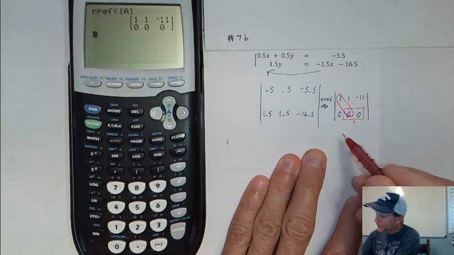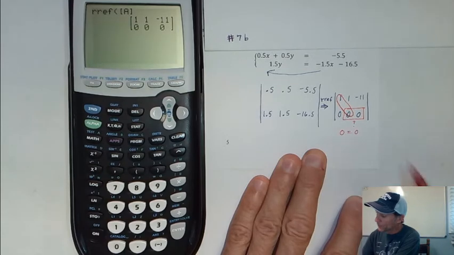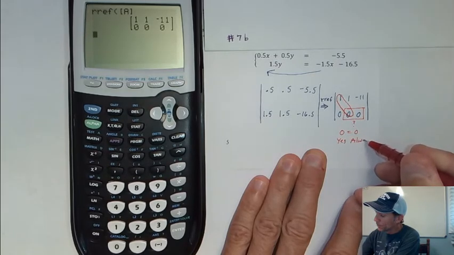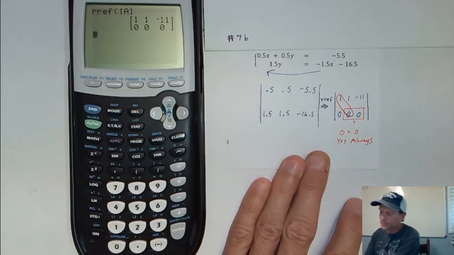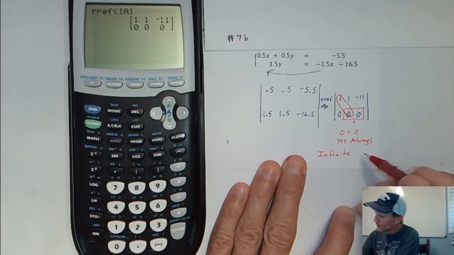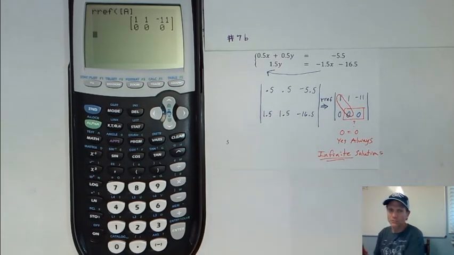We're going to say, okay, 0 equals 0. Yes, always. What do I associate with always? I associate infinite or infinitely. Infinite solutions.